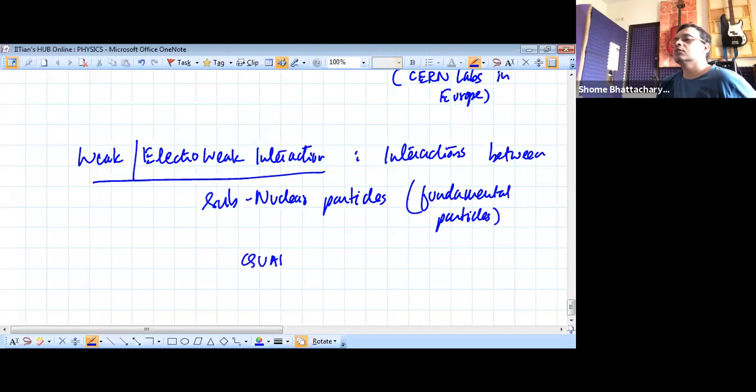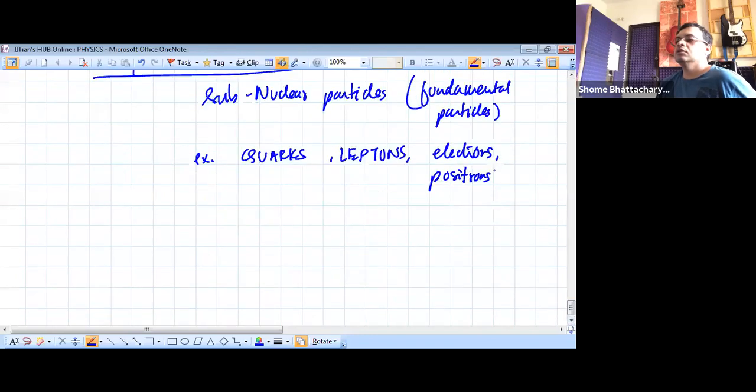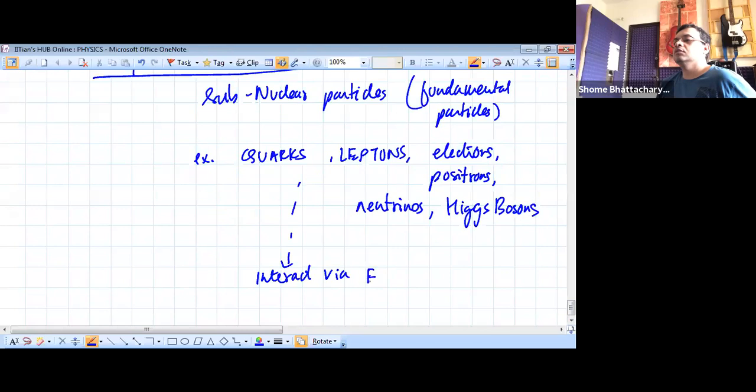So quarks, leptons, electrons, positrons, which is the antiparticle of electrons, neutrinos, okay, Higgs boson, so these type of particles, they interact via electroweak forces.